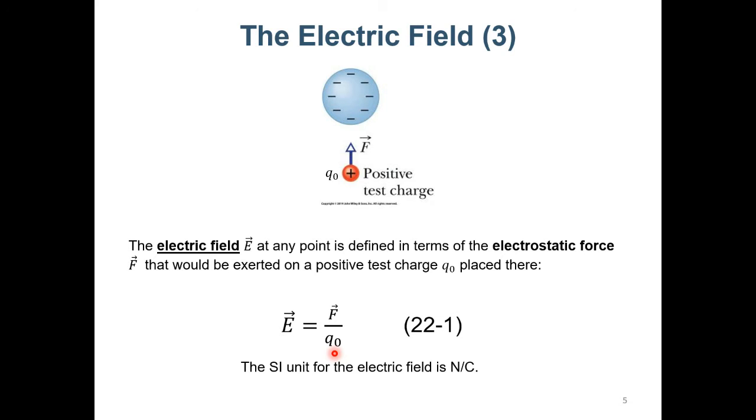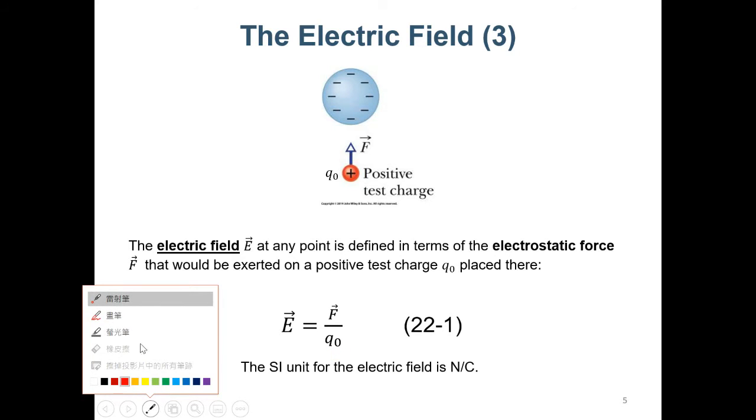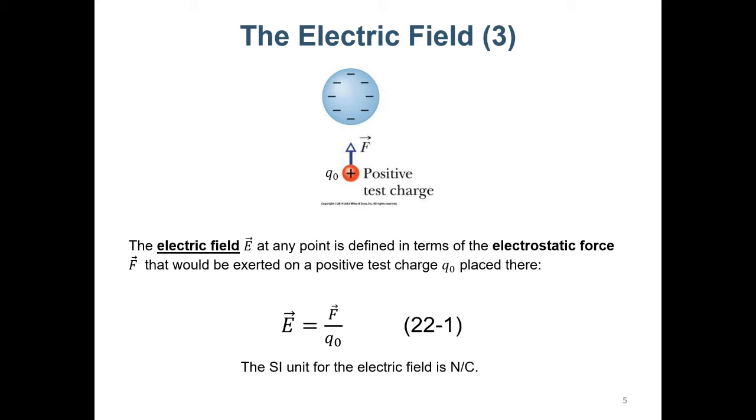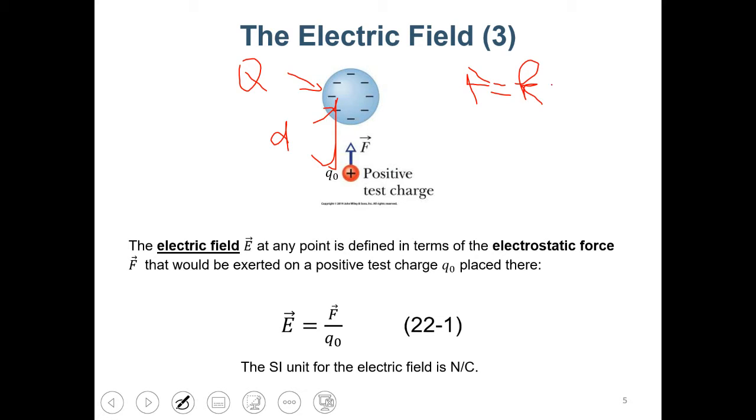And you know that for Coulomb's law, suppose this one is capital Q, and the distance between them is small d. Then the force is K times Q times Q0 over d squared.